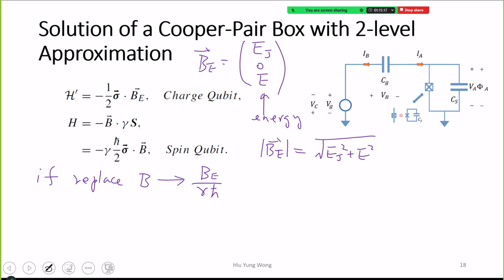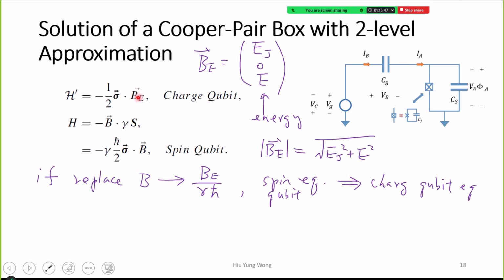I mean, for every B, we substitute with BE divided by gamma H bar. Then the spin equation will become the charge qubit equation. Right? Spin qubit equation will become the charge qubit equation. For example, this guy, I replace B by BE divided by gamma H bar. Gamma H bar will get cancelled. Then I get the Hamiltonian of this system.